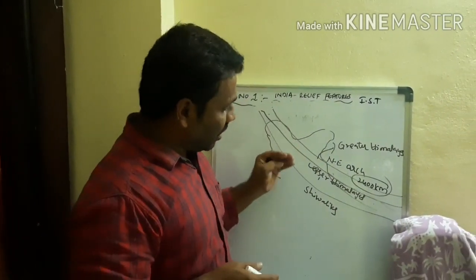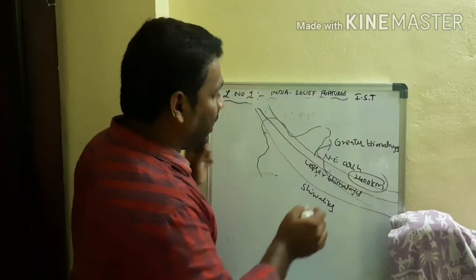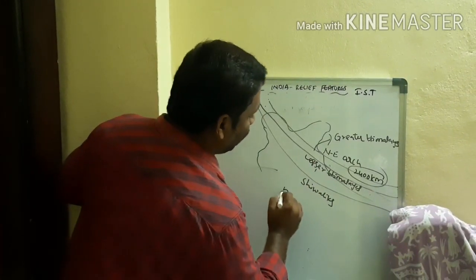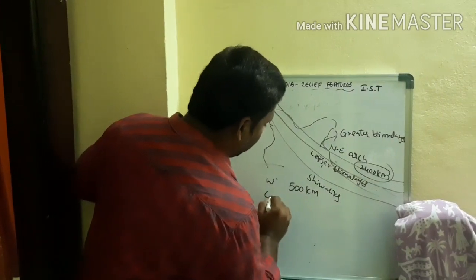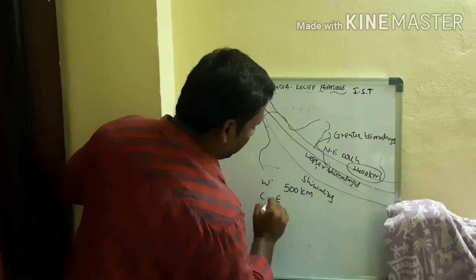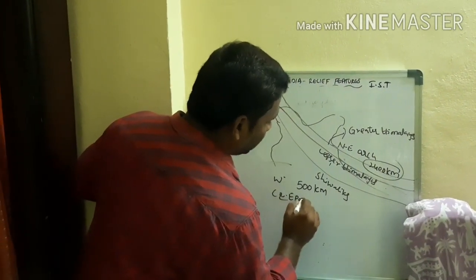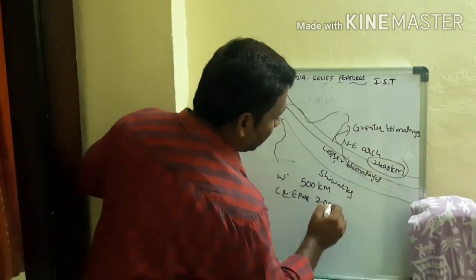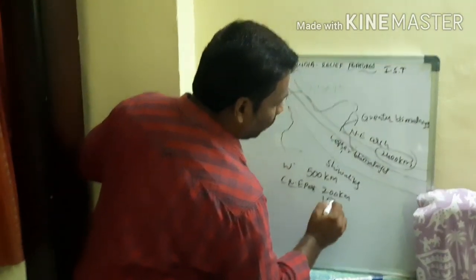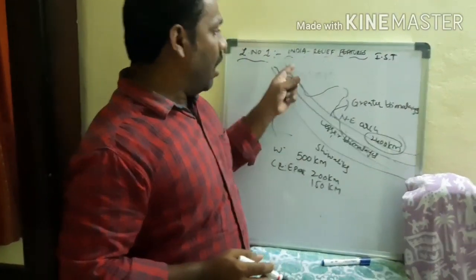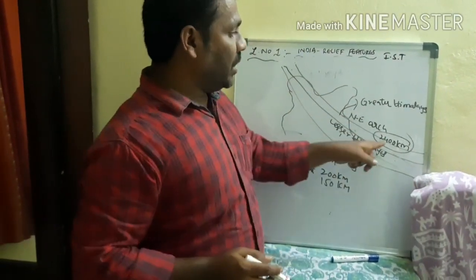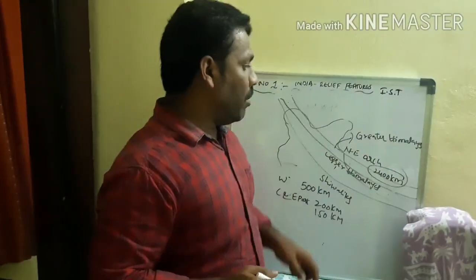Also, in some places the width is 500 kilometers in the western part, and in the central and eastern part some places have 200 kilometers of width, in some places 150 kilometers. Overall the Himalayas is 2400 kilometers long.